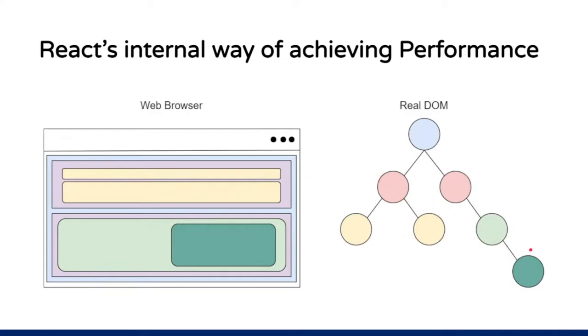Updating only a part makes it faster than going through the whole DOM structure. That's how React achieves its internal performance. Manipulation of the DOM is slow, but manipulation of the virtual DOM is fast, and the reason is that the virtual DOM is not drawn on the screen.